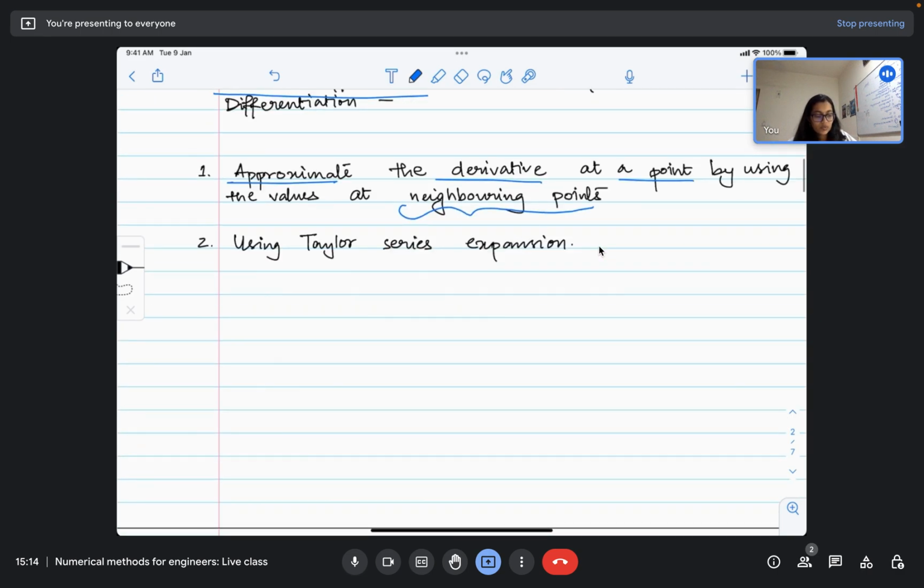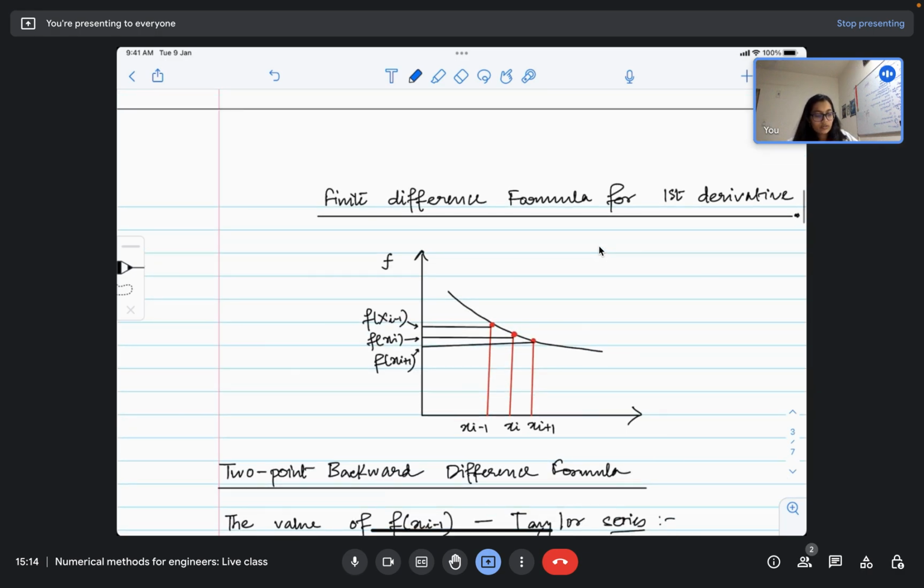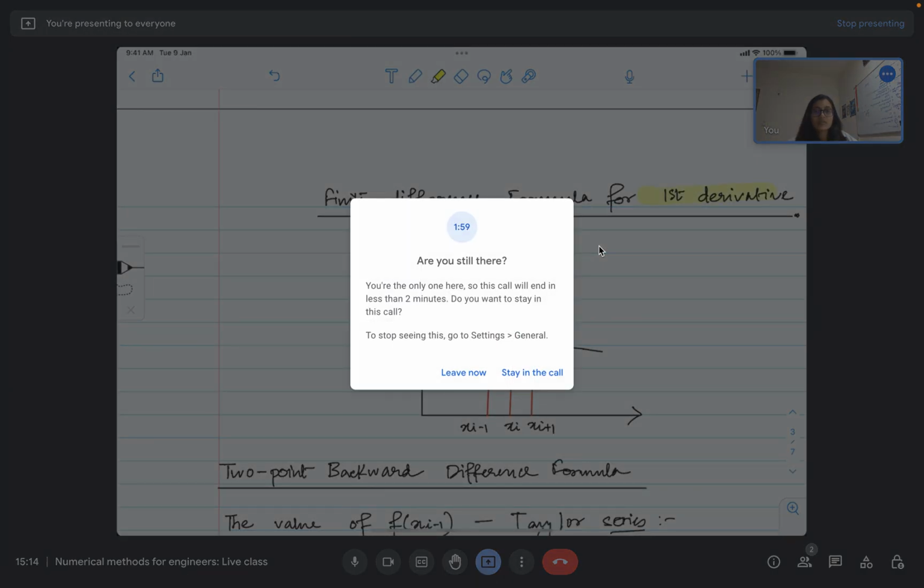Similarly, here we just consider neighboring points with respect to the point at which we want to find the derivative. Okay, and what we basically use is Taylor series expansion. Okay. So today we will focus on the finite difference formula only for the first derivative.